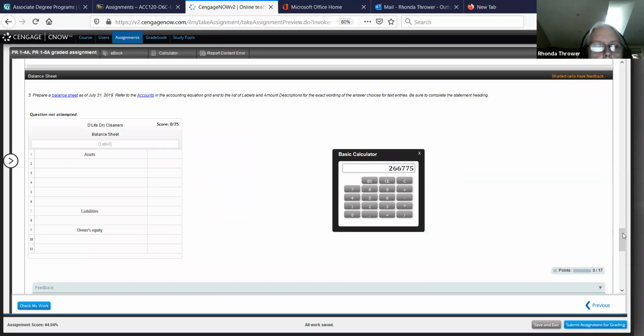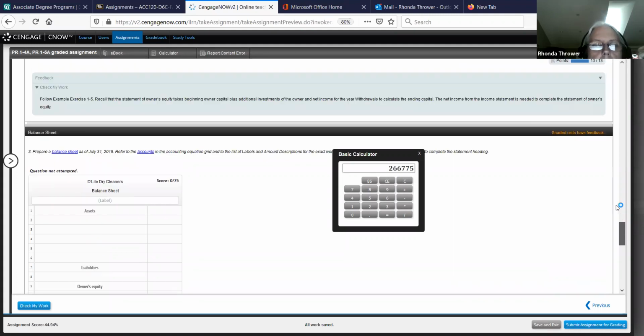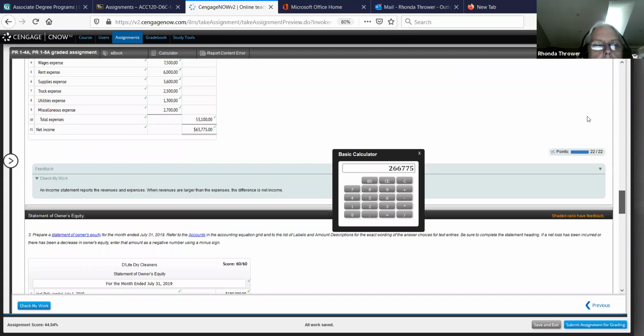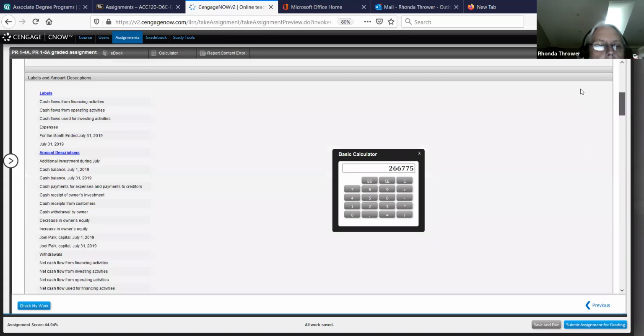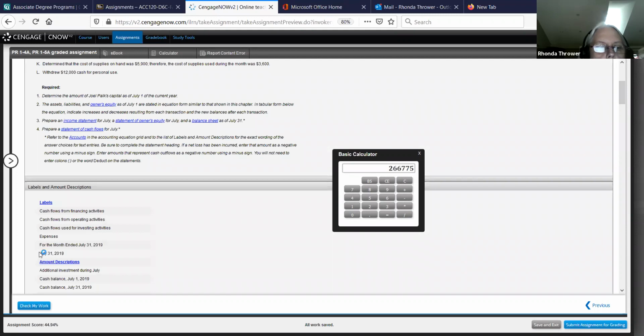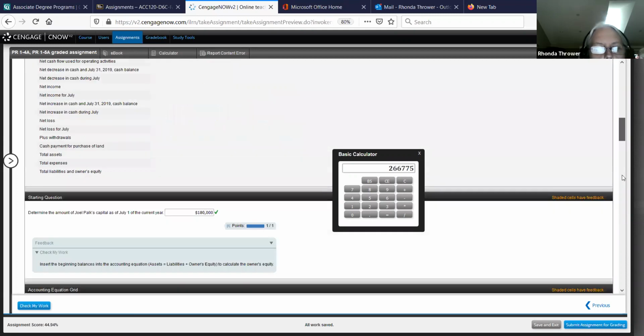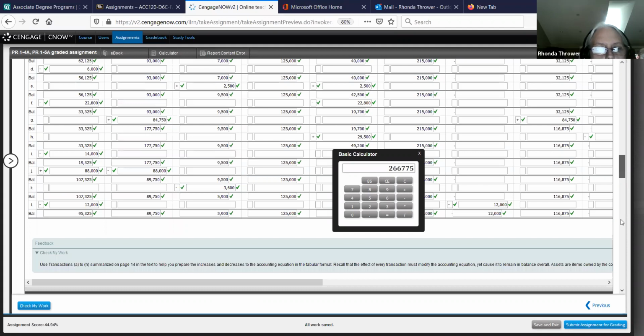The next statement is your balance sheet. On your balance sheet, notice there's a label here. The label is for 1 day and 1 day only. So that label would be for July 31st, 2019. It's 1 day and 1 day only. Notice on the balance sheet, it's the only financial statement date that is different.